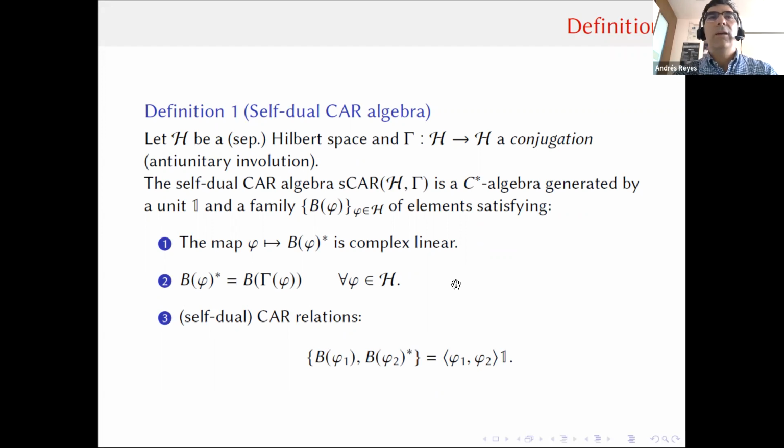So when we study fermions, which are non-trivial from a mathematical point of view, but simple enough that we can solve them and study interesting physical examples, then we can consider Hamiltonians which are quadratic in the fermionic operators.